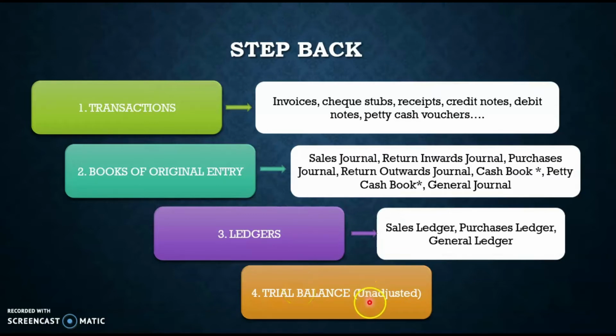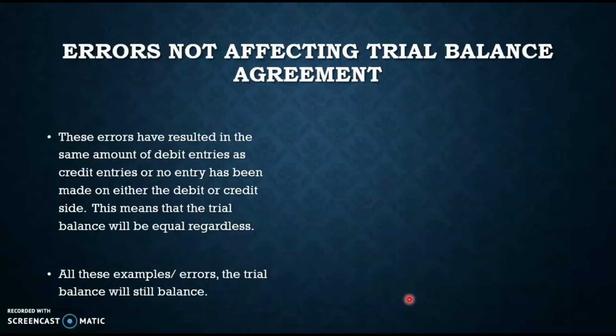And the one we're referring to is the unadjusted one. There's no adjustments being made to it. So with all that said, there are times when errors are made while we're entering information from our books of original entry into our ledgers.